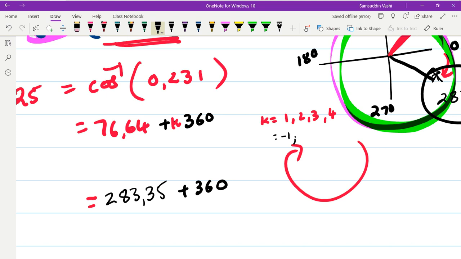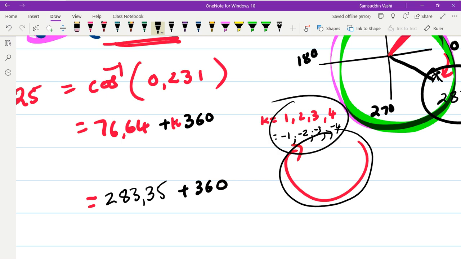I'm doing 360 degrees in the opposite direction, one circle. Can my k be minus 2? What does it mean? I'm moving 2 circles in the opposite direction. Right, and minus 3 and minus 4.